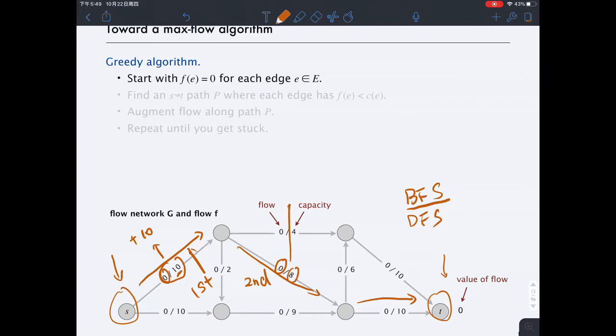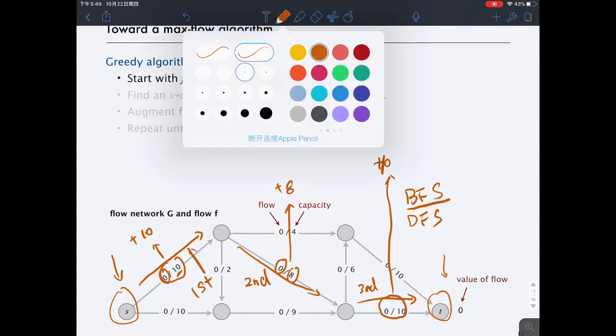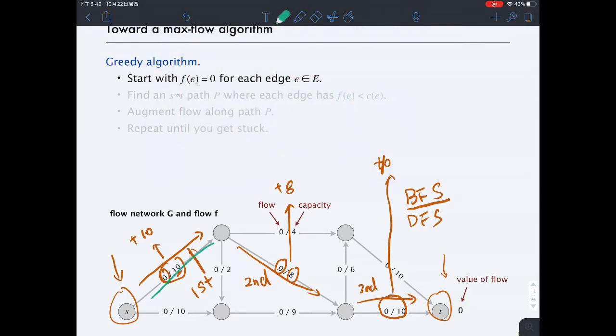Similarly, if you look at the second edge, in the beginning the flow we are sending is 0, whereas the capacity limit is 8. So we get an 8 here, and we can repeat the same operation for the third edge, and we can see that we can send 10 units of flow for the third edge, right?